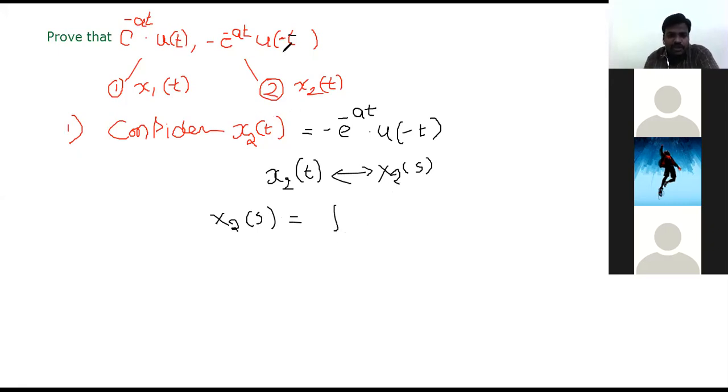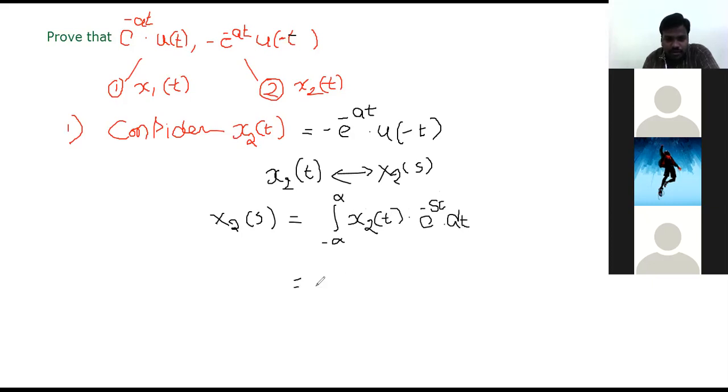We shall write it again like the definition, so that some people will have an idea of how to determine the Laplace transform. So e power minus st into dt.